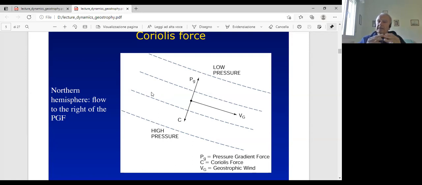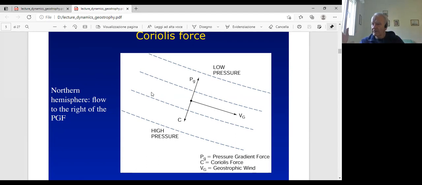Therefore, if you want to obtain the geostrophic velocity field, it is enough that we reconstruct the pressure field.